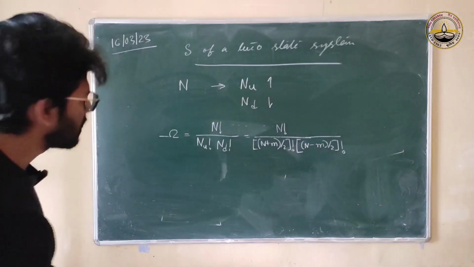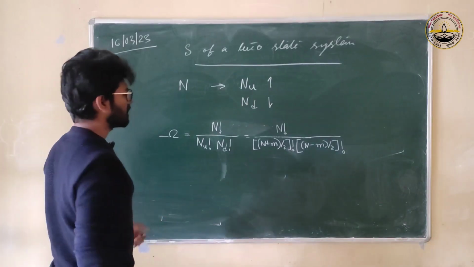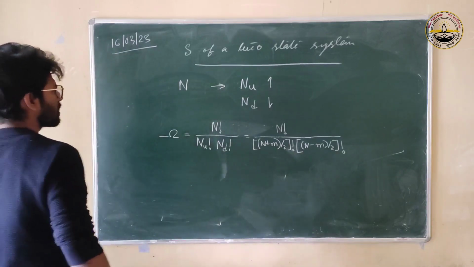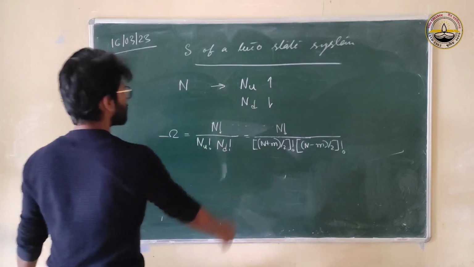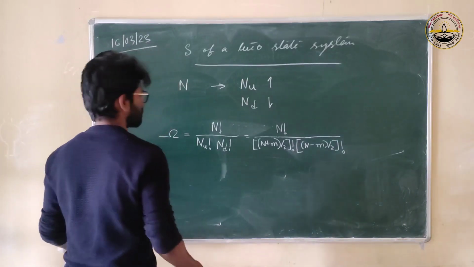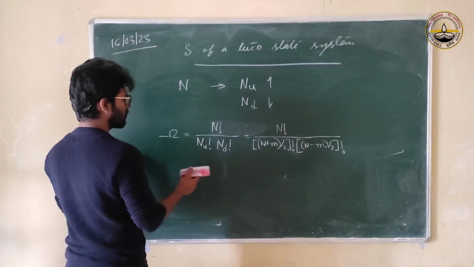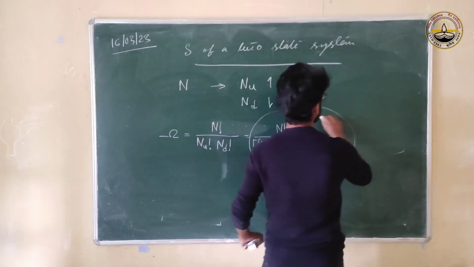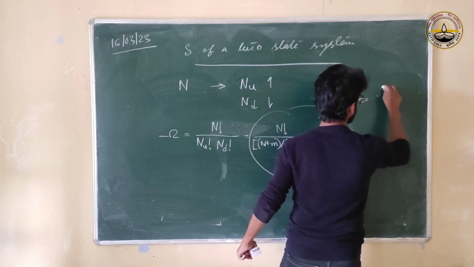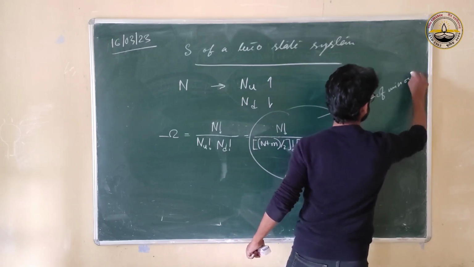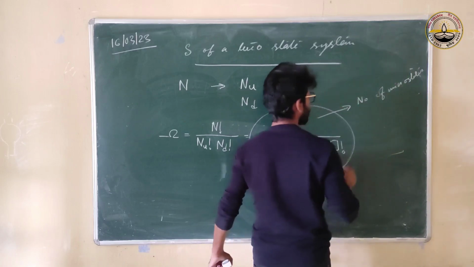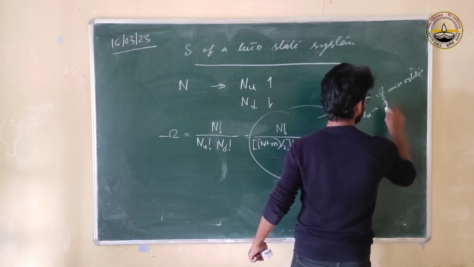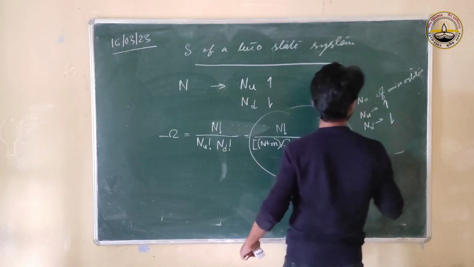That was our total number of ways we can get N up number of up spins and N down number of down spins. And so this is the number of ways. That means this is the total number of microstates, corresponding to such that we have N up and N down spins.